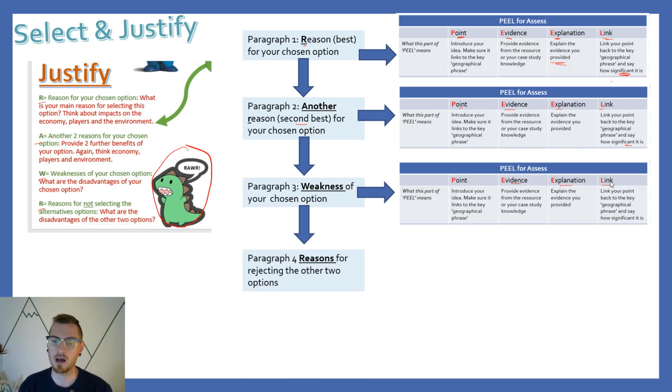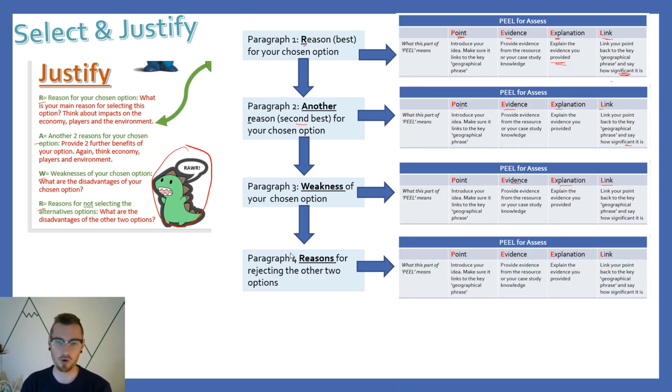Next, 4th paragraph, I want the reasons, and this is the R, the final bit of RAWR. So that's reason, another weakness, R for reason. What were the reasons why you rejected the other 2 options? Now, if you have time, I break this into 2 paragraphs. One for one choice you rejected, and one for the other choice you rejected.